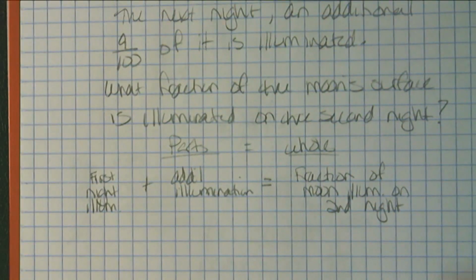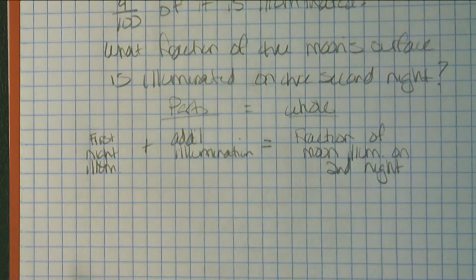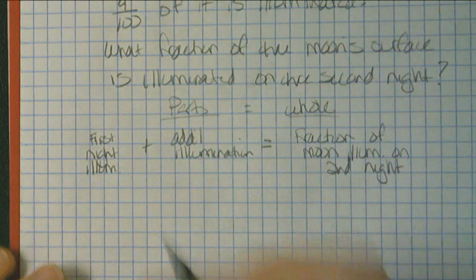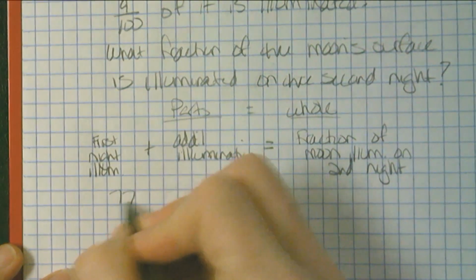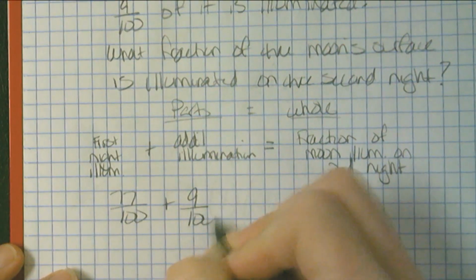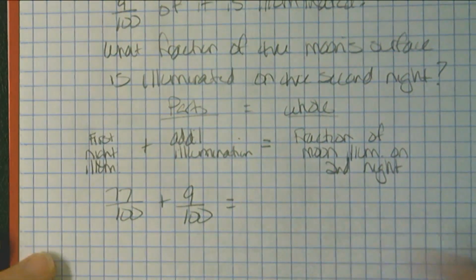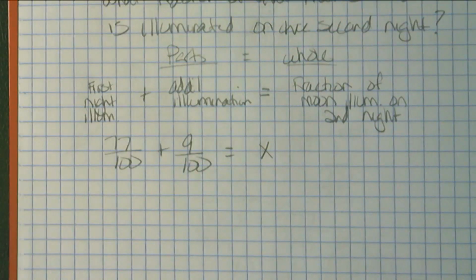Like I said, this first bit of homework for this should be relatively easy. So my first night, I have 77/100ths plus my second night is 9/100ths is equal to x. When I'm adding fractions, what am I actually adding?